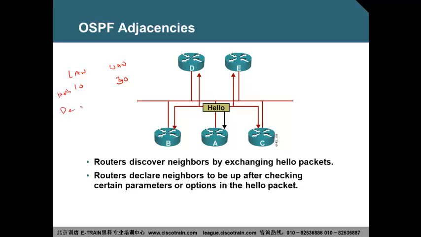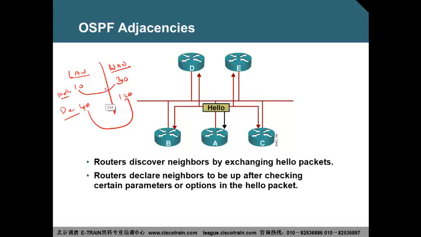The dead timer is 40 seconds in LAN, and 120 seconds in WAN. This is in WAN, this is in LAN. Hello and dead timer. 4 times of 10 is 40.